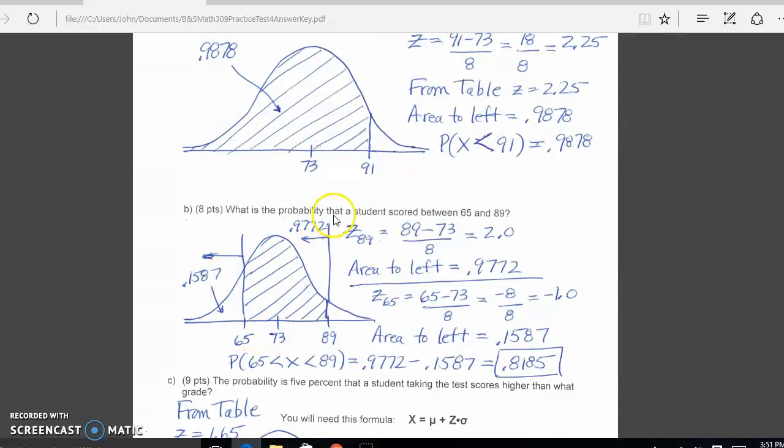Now in the problem, I'm looking for the probability of a score between 65 and 89. In other words, the area between 65 and 89 under this curve.